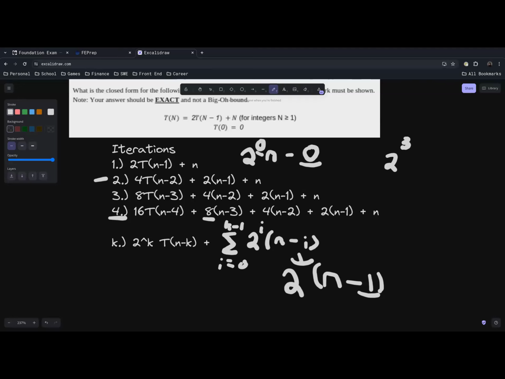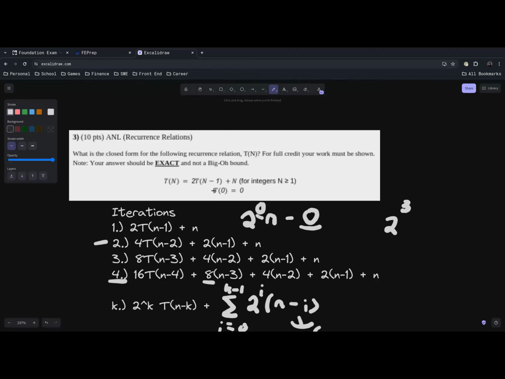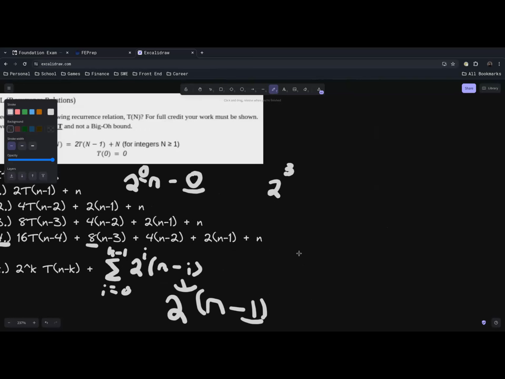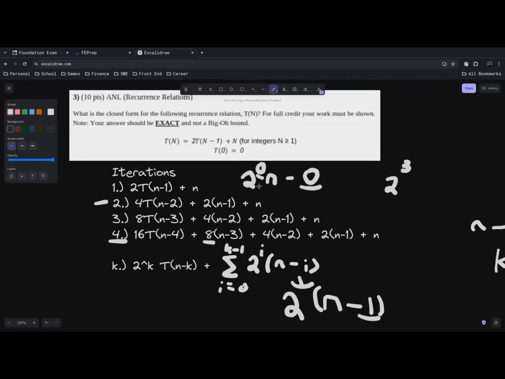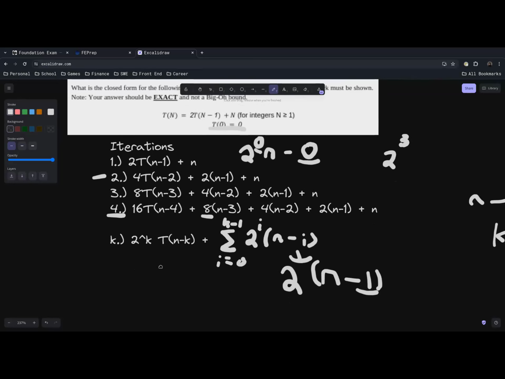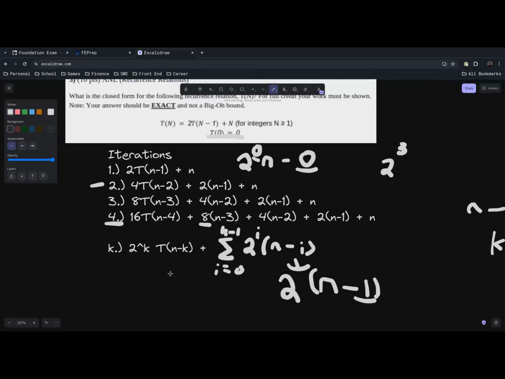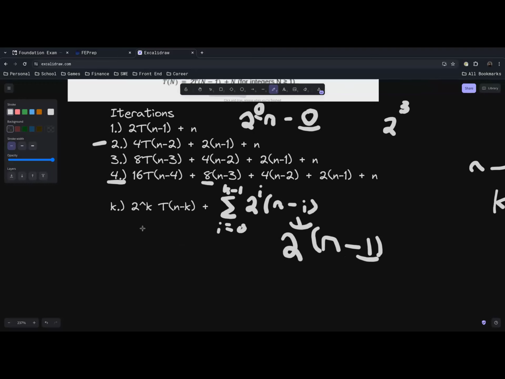So we solve n minus k is equal to 0, which means k equals n. T of 0 equals 0. So when we plug this in, this actually just gets deleted because it's 2 to the n. Well, no, for this problem, it's a bit weird, right?